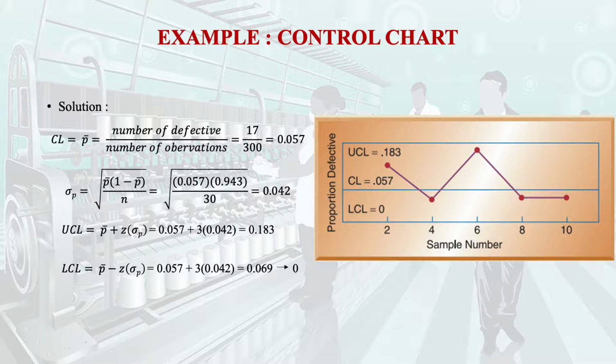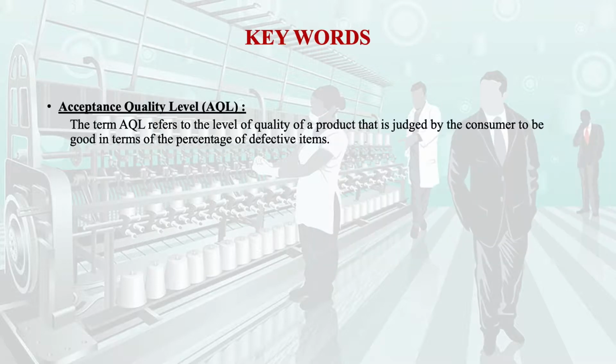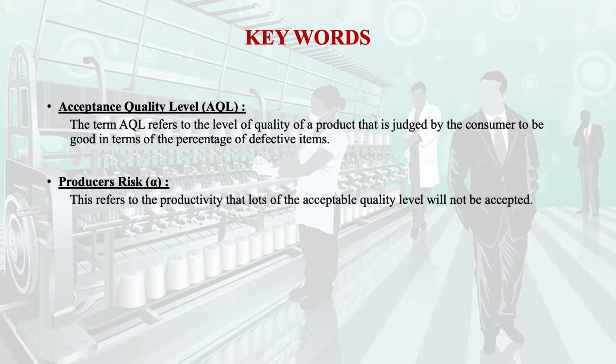Now we will provide you certain definitions, starting with acceptance quality level. This term AQL refers to the level of quality of product that is judged by the consumer to be good in terms of the percentage of defectives. Producer risk refers to the probability that lots of acceptable quality level will not be accepted.